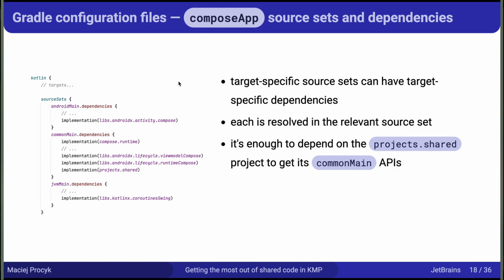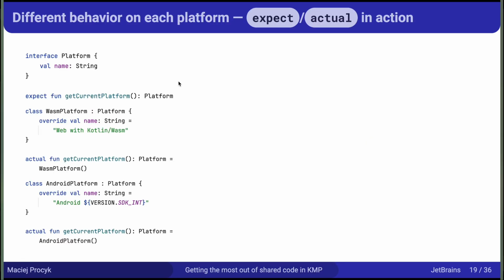While in the JVM part, we put the dependency on kotlinx-coroutines-swing, which is about gluing the front end built with Swing with the Kotlinx coroutines and the dispatcher from there.